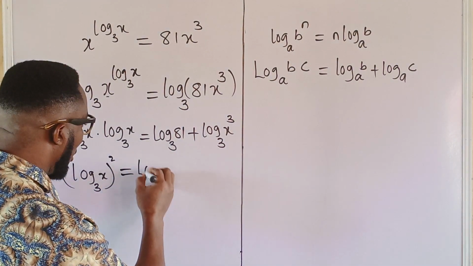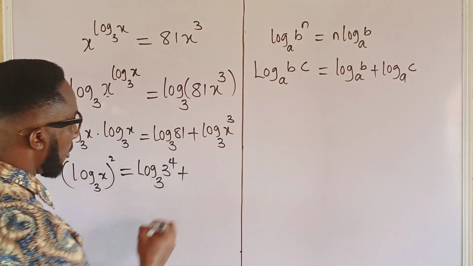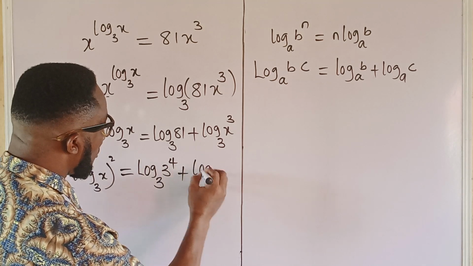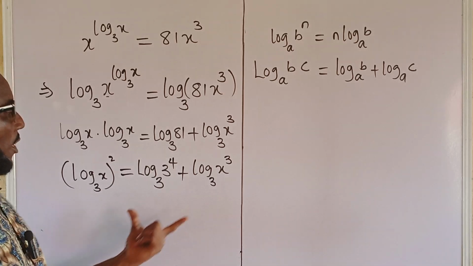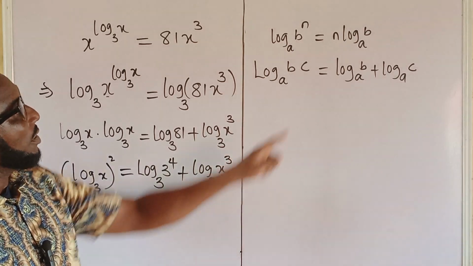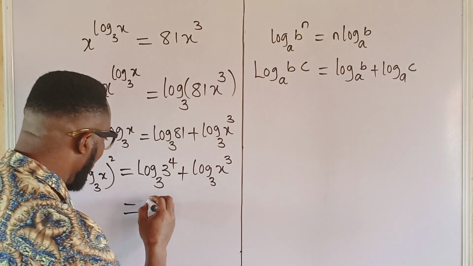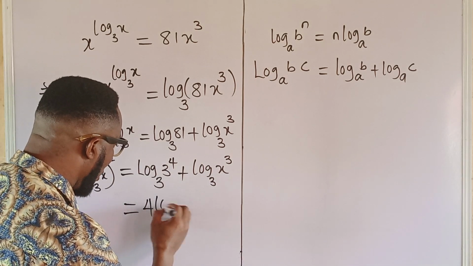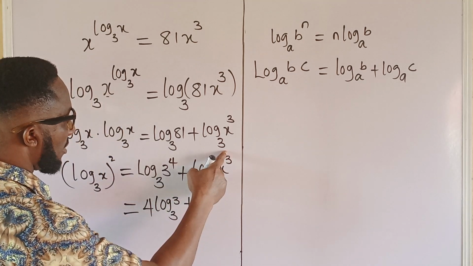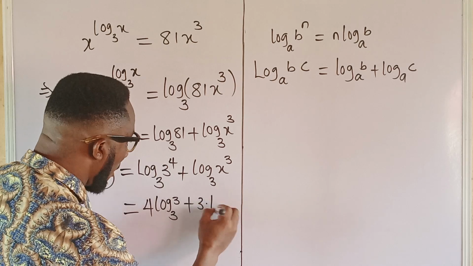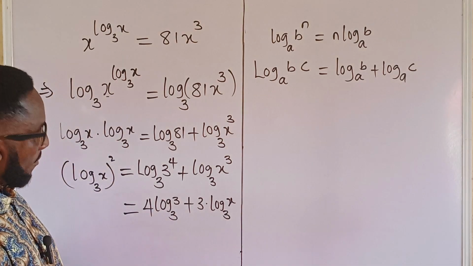We shall have log to base 3 of the argument 3 to the 4th plus log to base 3 of the argument x cubed. On the right hand side, we shall engage the power rule again. So we are going to be having 4 log to base 3 of the argument 3 plus this 3 will multiply log to base 3 of the argument x.